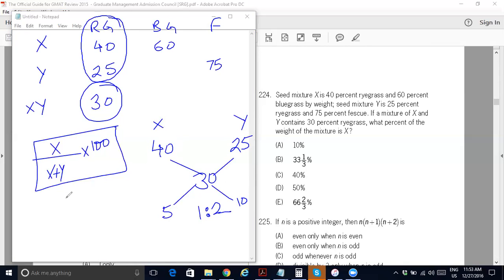That means X is 1 part and Y is 2 parts. So 1 over 1 plus 2, into 100, is equal to 100 by 3, 33 point. So B.